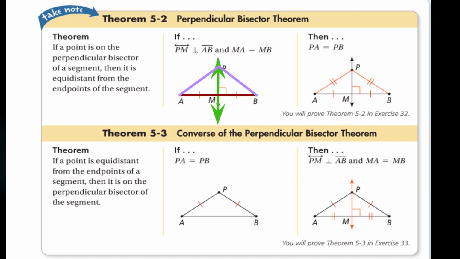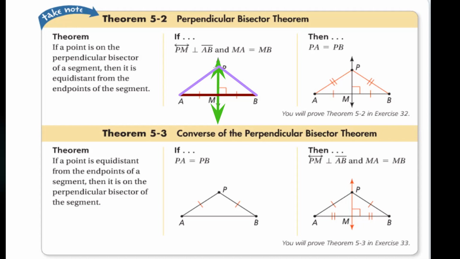So if PM is perpendicular on AB, PA will be equal to PB. Is it clear? Yes, teacher.